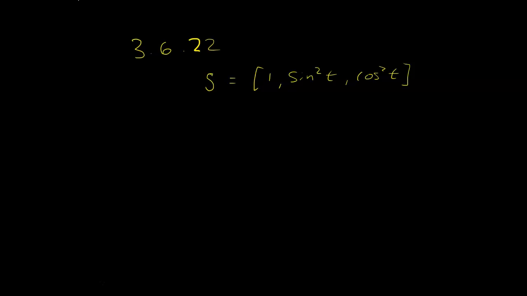If we tried that, you might run into a bit of a mess, and you would end up not being able to conclude that they're linearly independent, because you're going to find that the Wronskian of 1, sine squared t, cosine squared of t will in fact be 0 always. And so we won't be able to conclude anything.